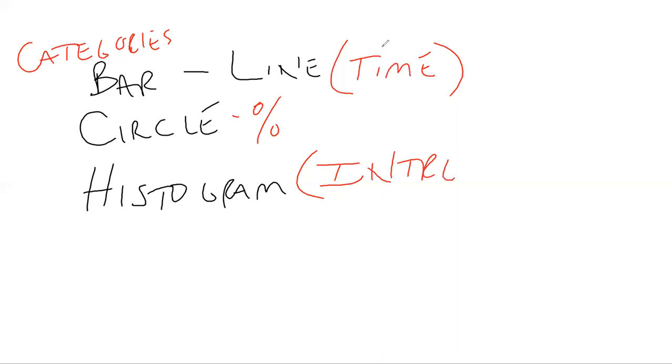You might use a histogram for age groups, right? Or to say how many people own 2 dogs or 3 dogs or whatever. So a histogram uses intervals, like from 7 to 9 and from 10 to 12. So that's what we mean by intervals.